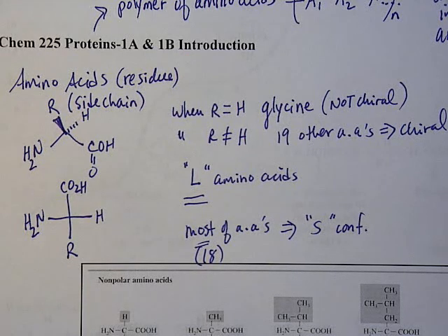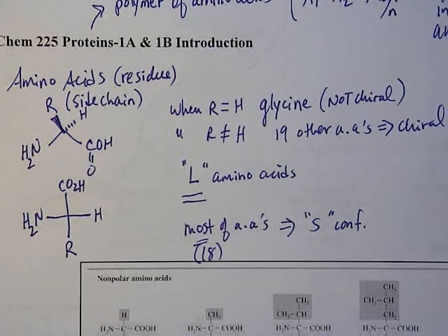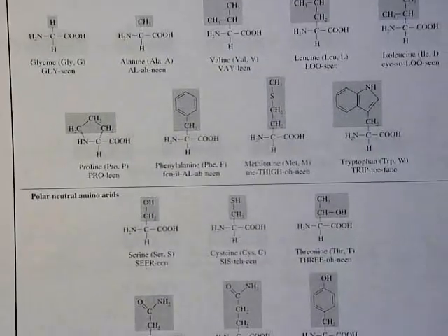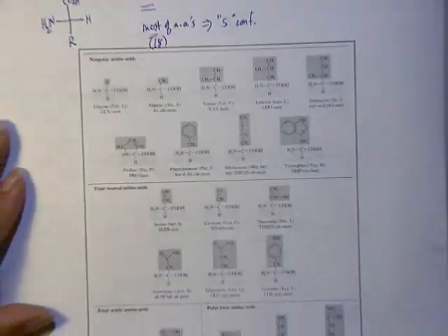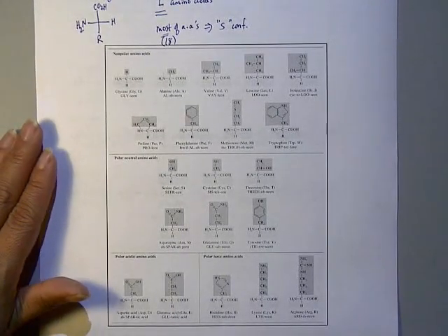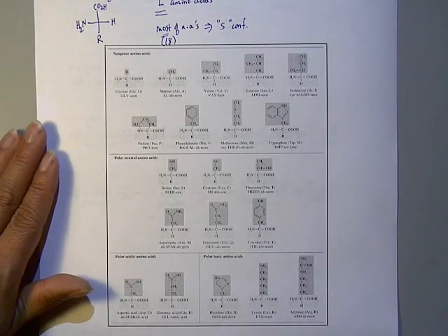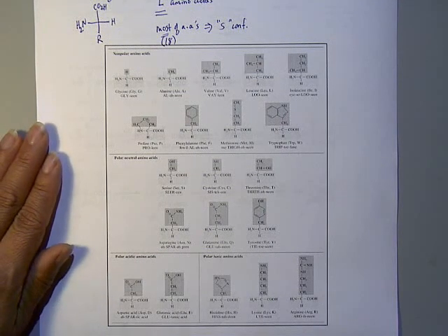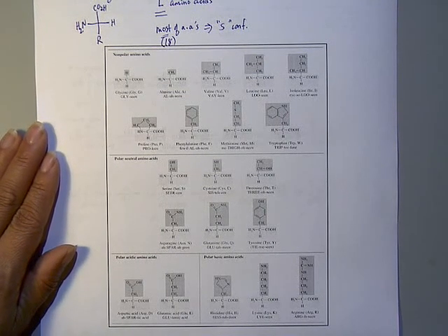So what we've done to make things easier is to look at the 20 amino acids that are in this box, but they're divided into 4 categories, as you can see, all right? Now, in biochemistry, you're probably going to have to memorize all these amino acids, the name and what the side chain is.